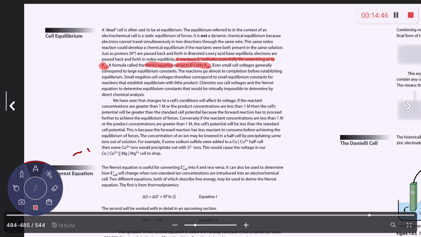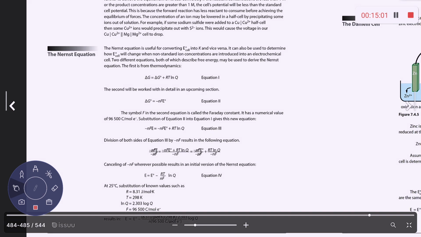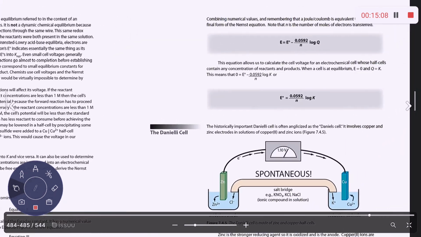So you could have a really small voltage, but that means you could have a huge equilibrium constant. So read through this, and then underneath the Nernst equation, down here, I'm not going to go through the derivation.